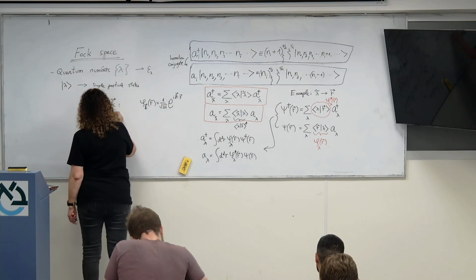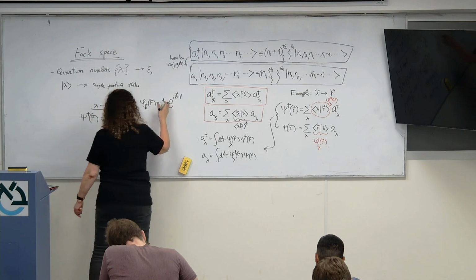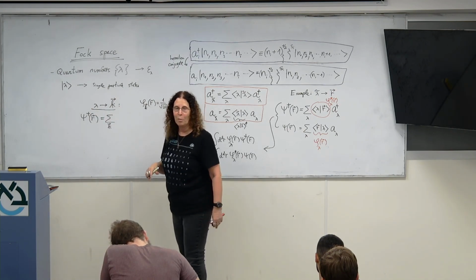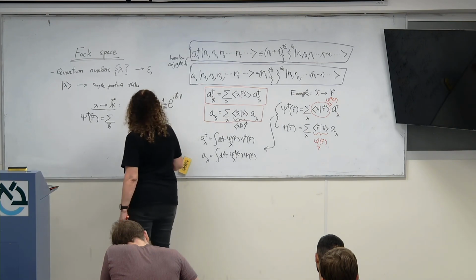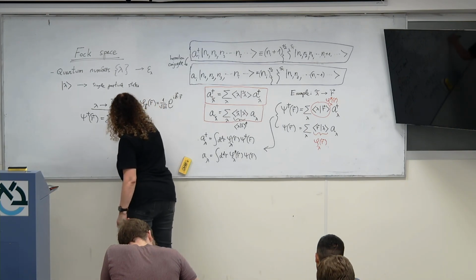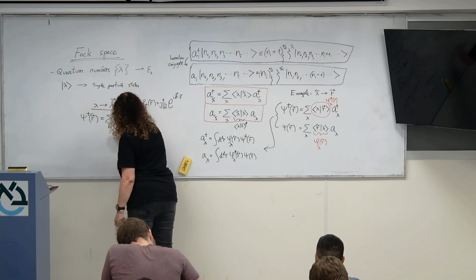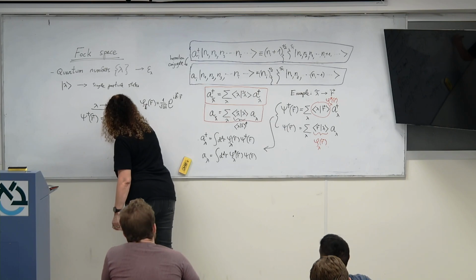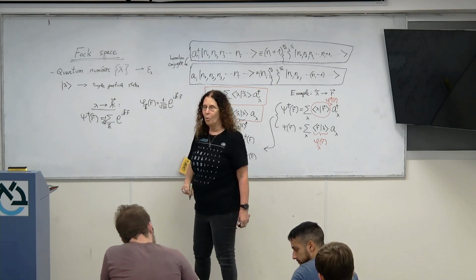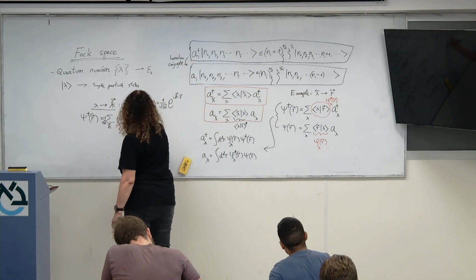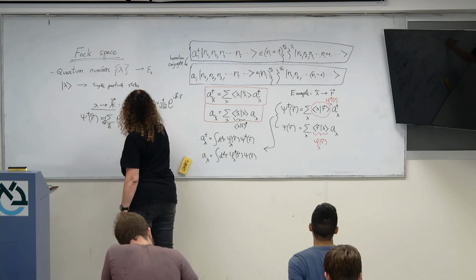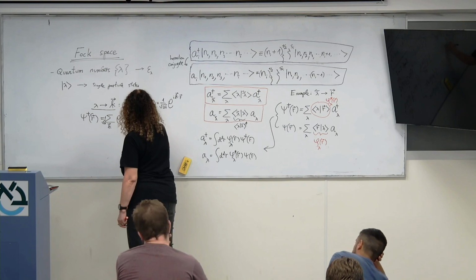Actually, let's forget about the 2 pi because it's a matter of definition, if you permit me. Just e to the i k dot r. Okay, let's actually keep it, because sometimes it's useful to cancel the integral or whatever. And then I have my a dagger k.